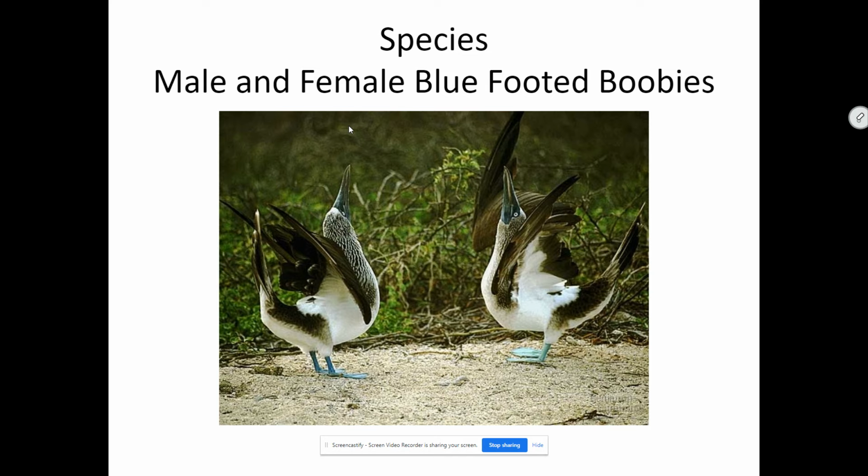And we need to define this as well. What is a species? Well, there are a couple of different ways to define species. We're not going to get into that, but a species is a group of organisms that are able to reproduce together and make fertile offspring.